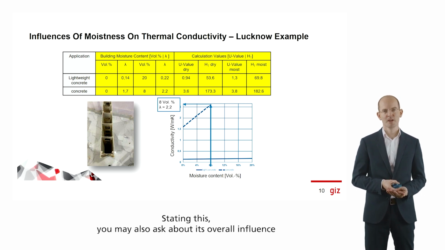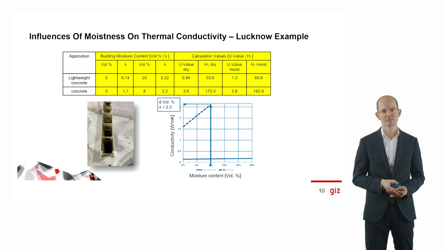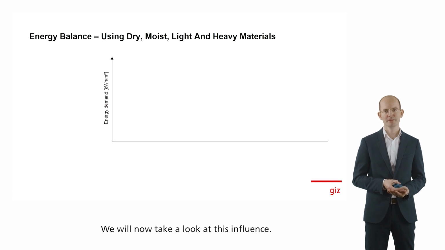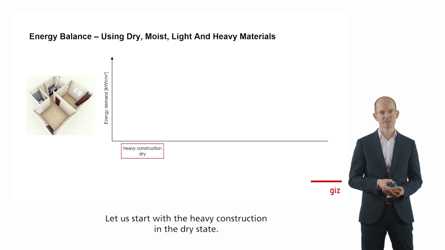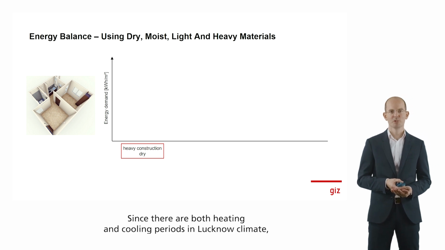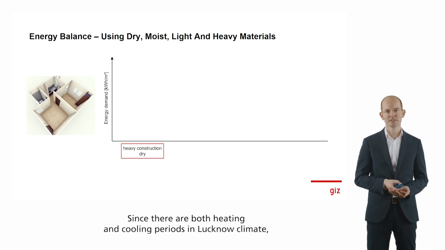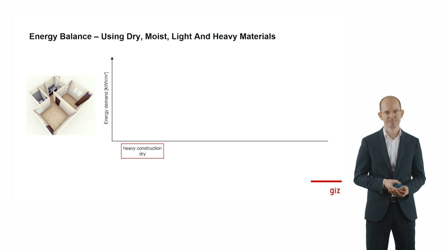Stating this, you may also ask about the overall influence on the energy demand for the flat we are looking at. We will now take a look at this influence. Let us start with a heavy construction in the dry state. Since there are both heating and cooling periods in LUCKNOW climate, the balance is presented divided into these two periods.